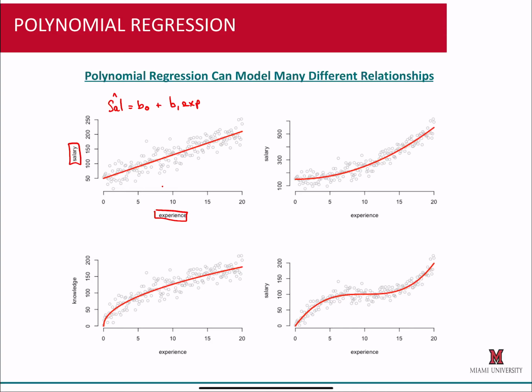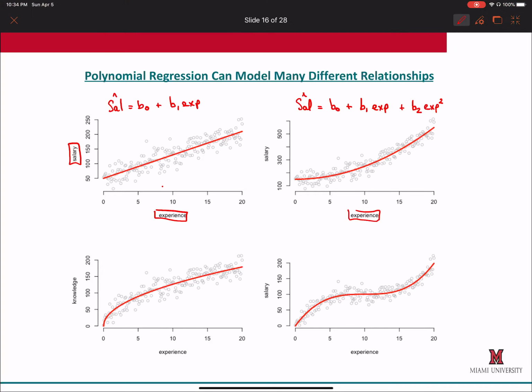Now, what happens if the relationship of experience and salary doesn't behave linearly? It just behaves in a nonlinear trend. We can still use a linear model in this case. The linear model can be expressed as estimated salary equals B0 plus B1 times experience. But by adding that B2, that extra slope, and then putting experience squared, we are still using a linear model.